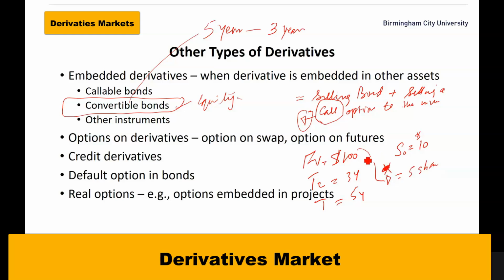Right now it is out of the money, because it is not convertible even today; you have to wait for 3 years. But looking at the moneyness, if you convert your bond into shares, you will get 5 shares, and each share in the market is worth 10, so that will be 50. So that's not a good thing to do. In 3 years' time, if Robinhood's share price in the market is $30 and you convert your bond into 5 shares of Robinhood, for each $100 of bond you will get $150 of shares.